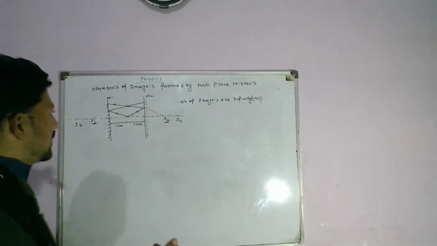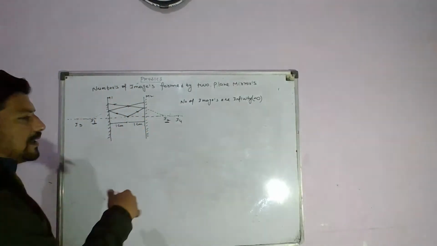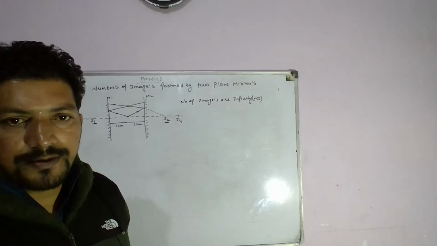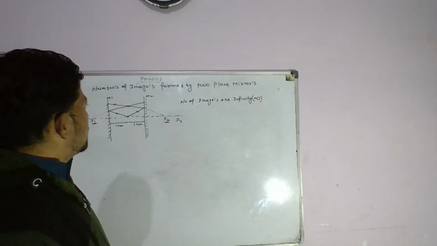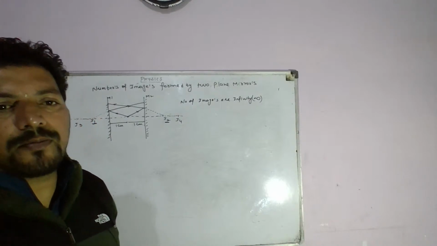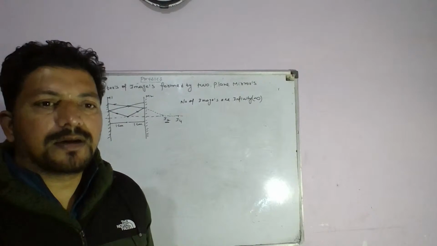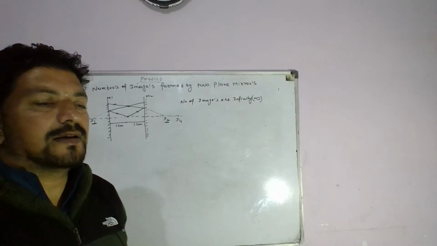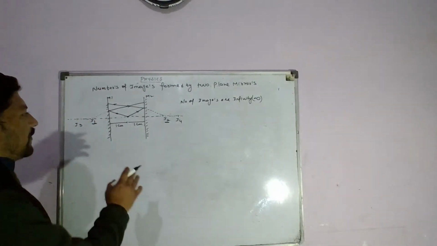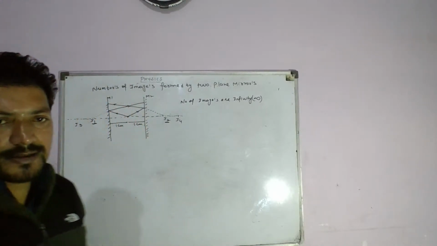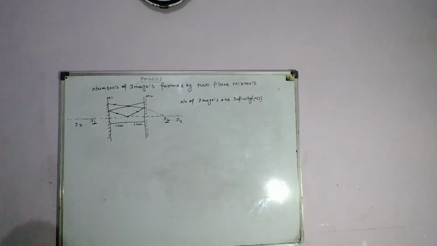So the question is, how many images are formed by plane mirrors? Your answer is infinity, but after I1 and I2 the intensity of the images decreases.